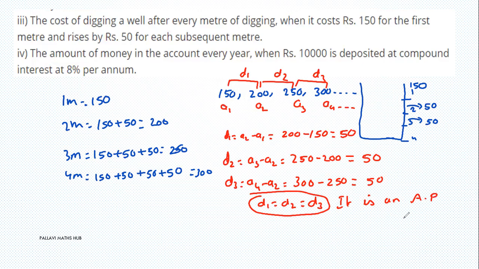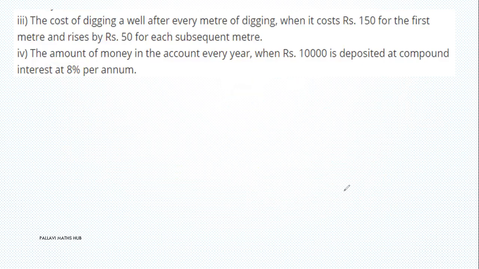Now, fourth question: the amount of money in the account every year when rupees 10,000 is deposited at compound interest at 8% per annum. Here, the principal amount is 10,000 rupees. Principal is equal to 10,000 rupees.